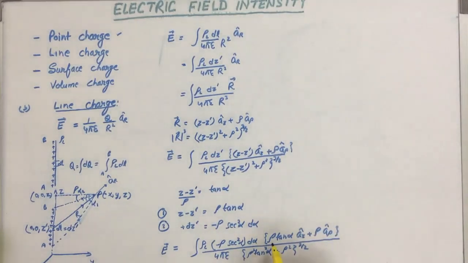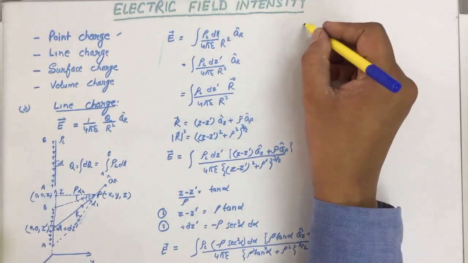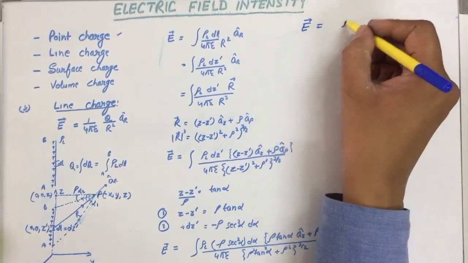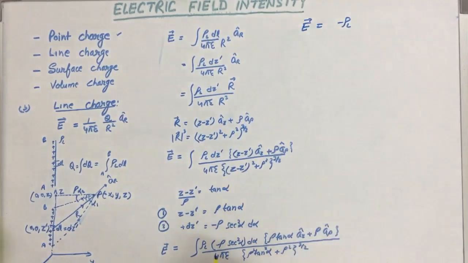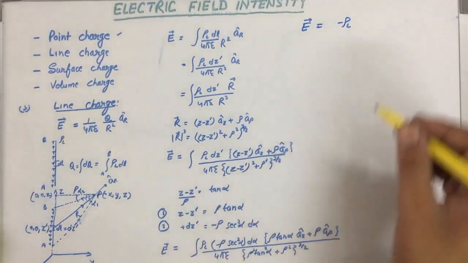Further, rho can be taken out from here. It will be rho square in the numerator, and here it will be rho power 3, because once it is outside the bracket it will be rho power 3. So for the electric field intensity, take minus out from all of them.